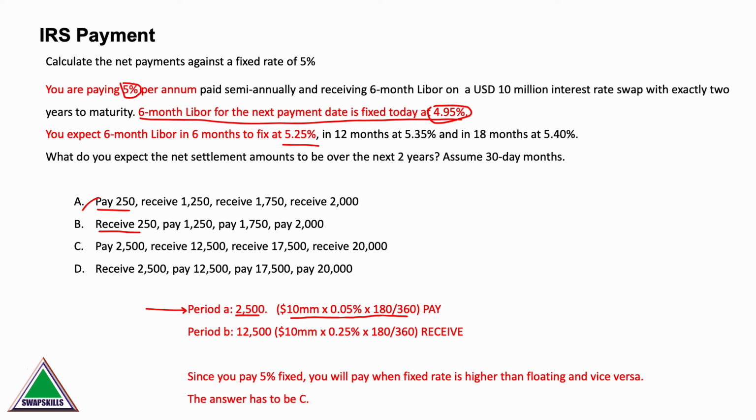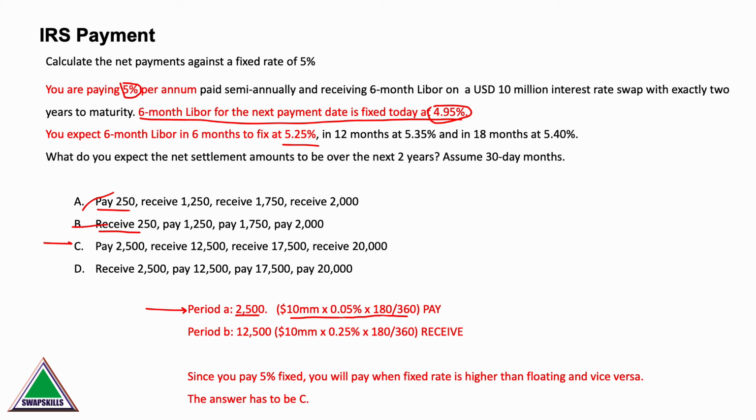So the answer can't be A, can't be B. So it has to be C or D. Now in this first period, if I'm paying out 5% and receiving 4.95, I'm paying out, not receiving. So the answer has to be C.